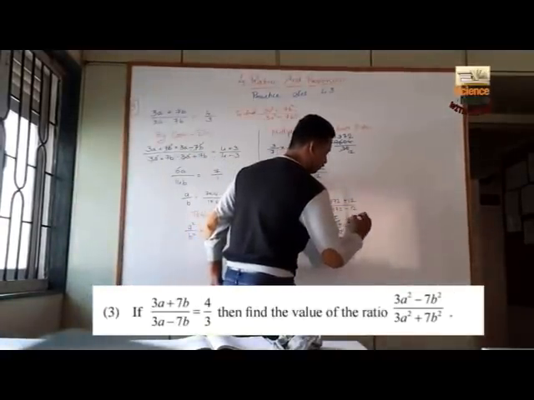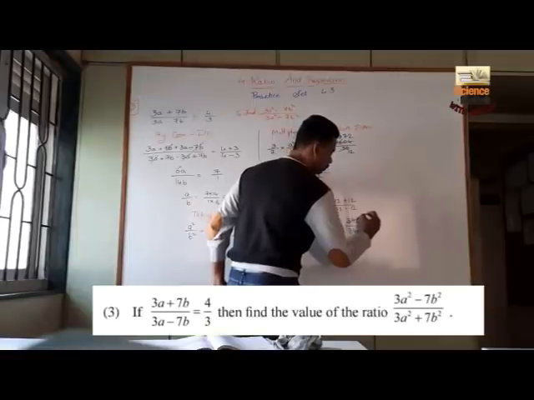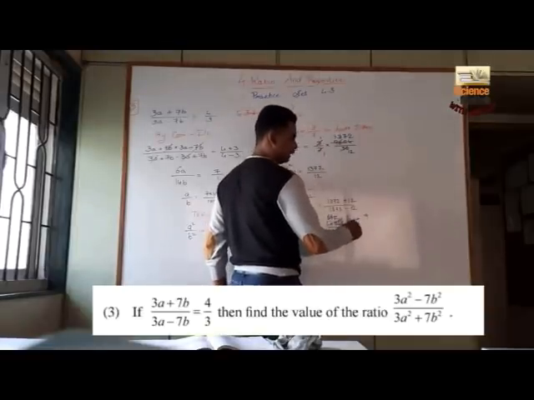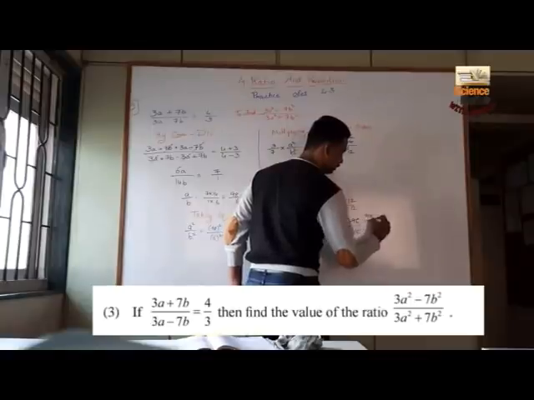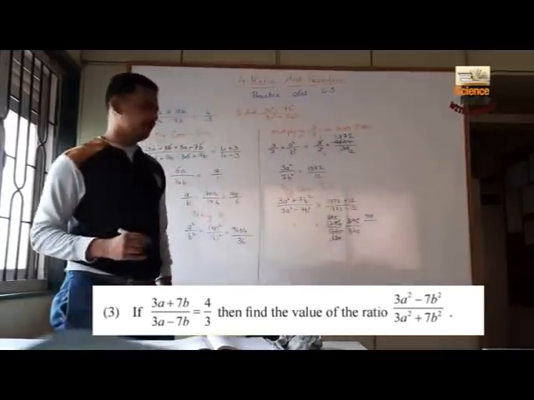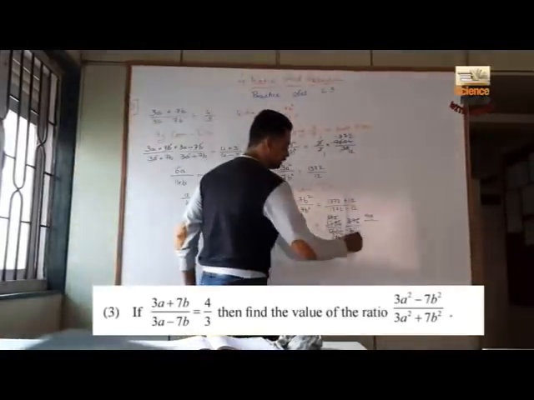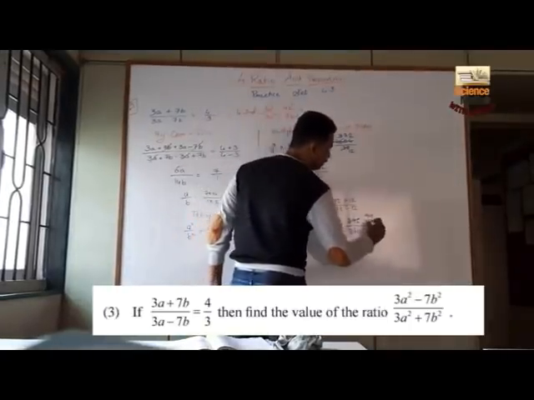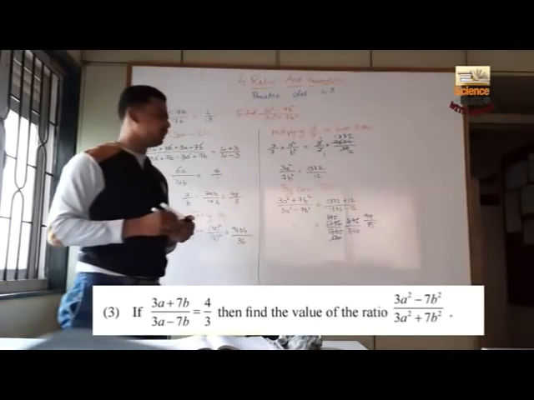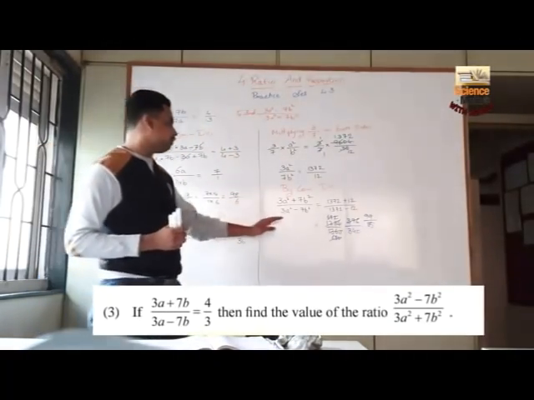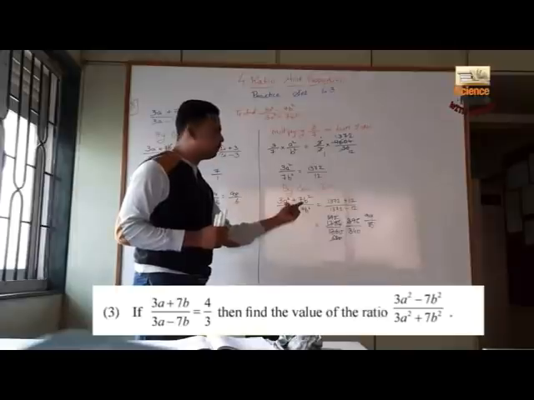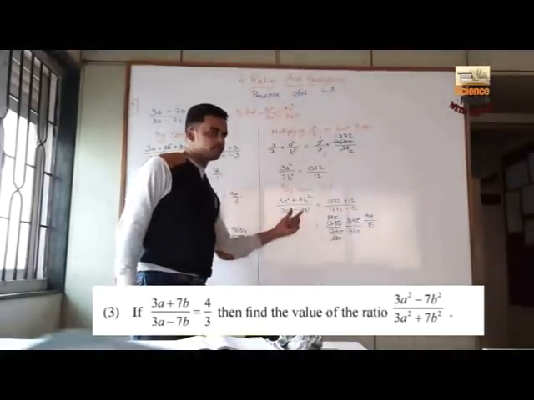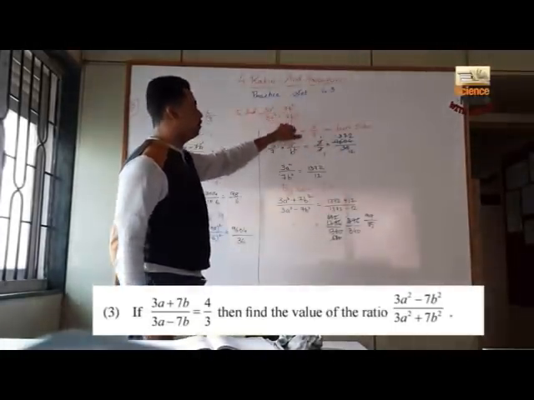So 4 into 9 is 36, and again 9, so 36 I get divided by 4, and the next number that I will get is 4 8s are 32 and 85. Now this number cannot be divided further, and therefore my value of 3a squared plus over 3a squared minus is this, but I want minus upon plus.